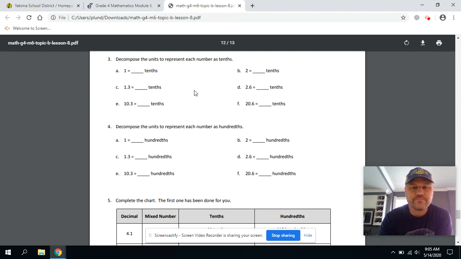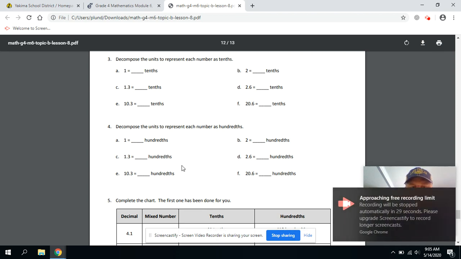13 tenths. Down here, 1 equals, now imagine the horizontal lines, 100 hundredths, right? Look, they're doing the same thing, basically, right? So shade in 1 whole is 100 hundredths, and 30 more hundredths: 10 hundredths, 20 hundredths, 30 hundredths.